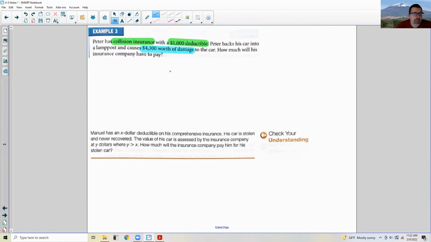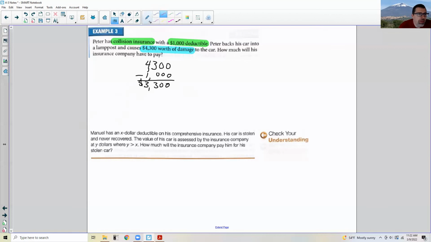In this case it is 1,000, so Peter would have to pay $1,000 out of pocket, and then the insurance company would take the amount of damage minus the deductible, and the difference between those two is what the insurance company will pay. So the insurance company will pay $3,300. Peter's going to have to come up with that $1,000 deductible to pay on his own.